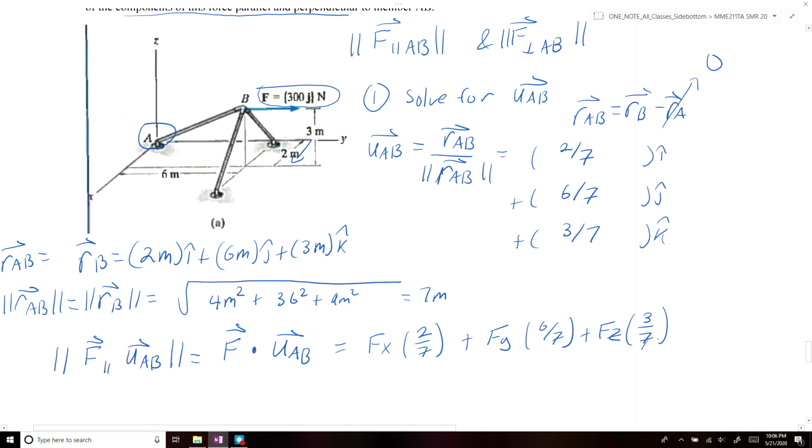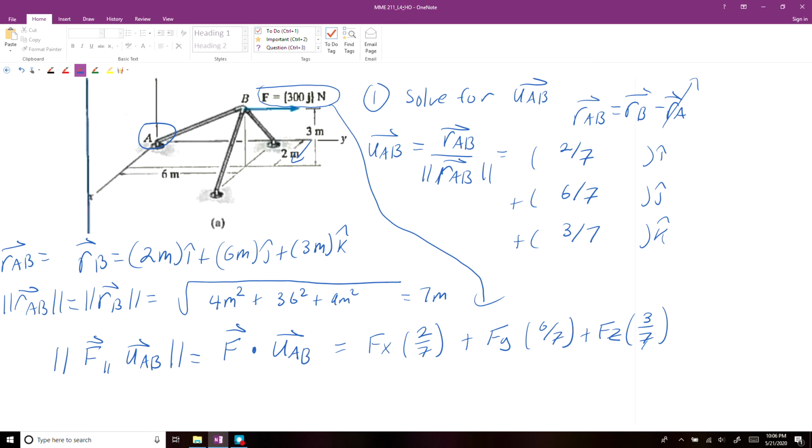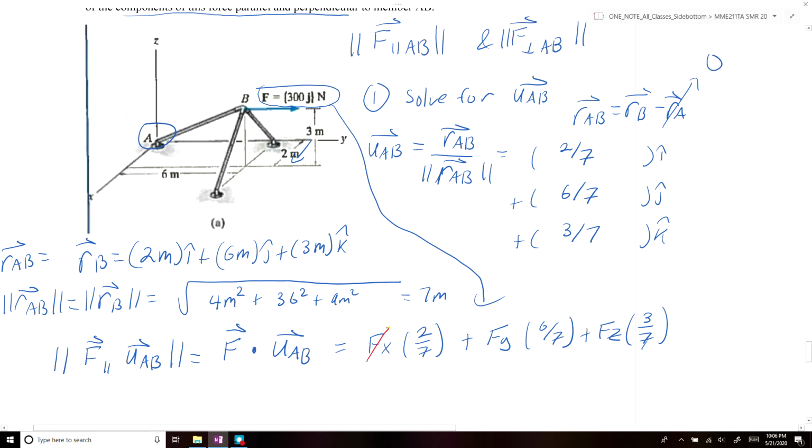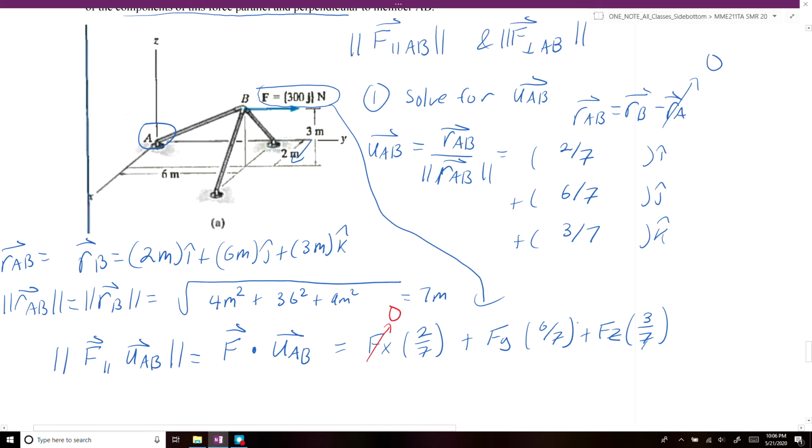For our given force, it actually only has a single component. It only has a component in the y direction. Because of that, F of x is equal to 0, and F of z is equal to 0. So the only thing we're left with is 300 newtons.